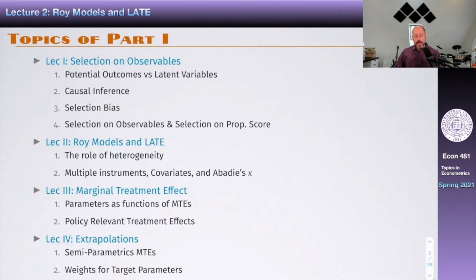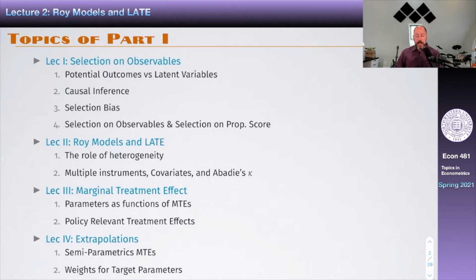We talked about causal inference, selection bias, and then selection and observables and how you could describe and identify the parameters that we typically talked about using propensity score weighting or propensity score matching or matching on covariates. As you can see, we didn't talk about estimation much, and this part of the section is not going to be so much about estimation till we get to the end.